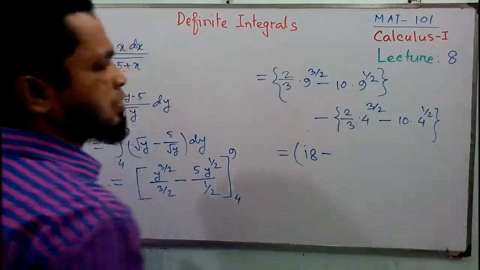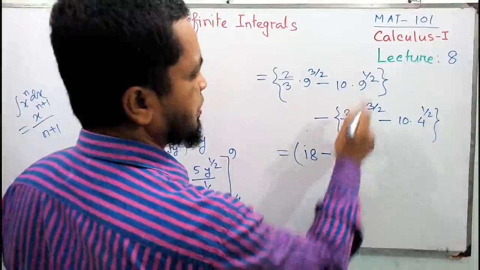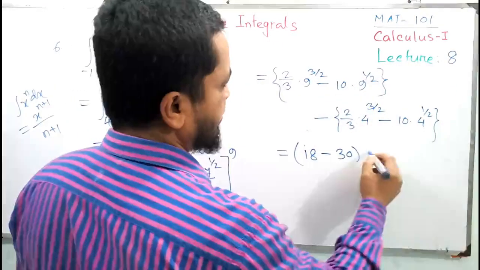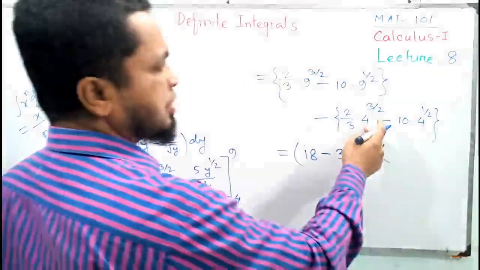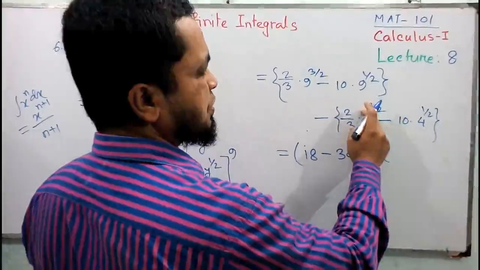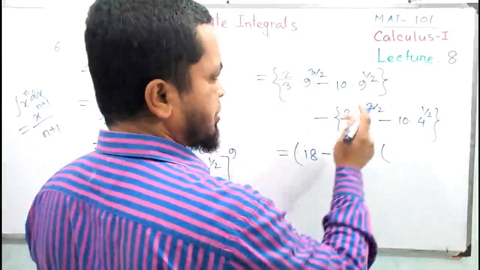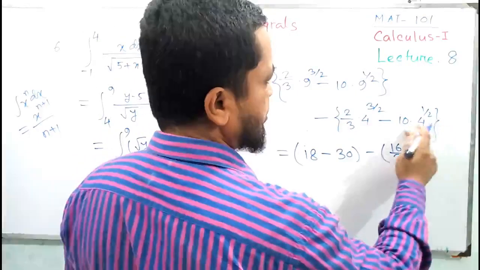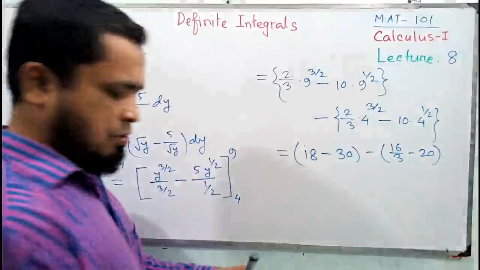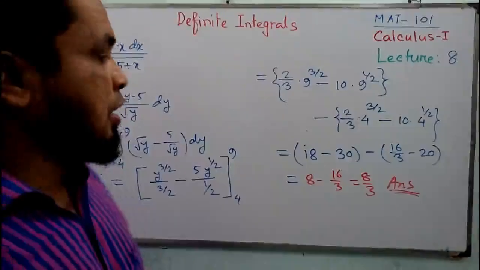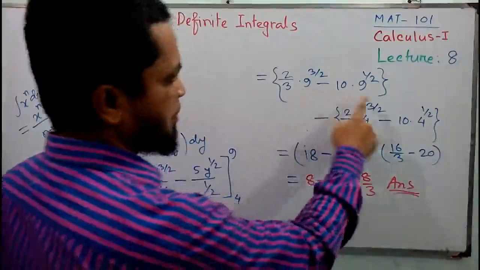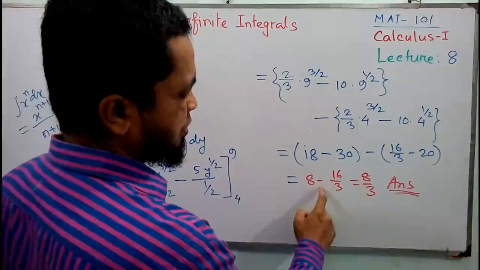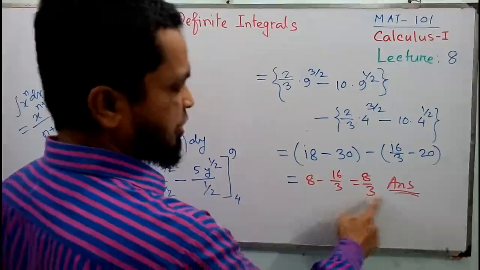You can calculate once again, and it will be 3 into 10, 30, minus, and 2 cube is 8, 16 by 3 minus 20. Okay, just you apply the upper limit, lower limit, and calculate it, and you will get 8 by 3, which is the answer.